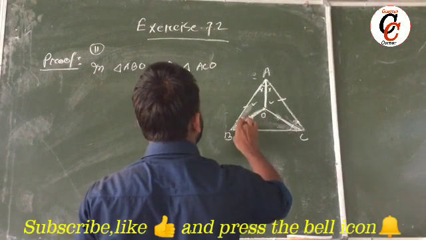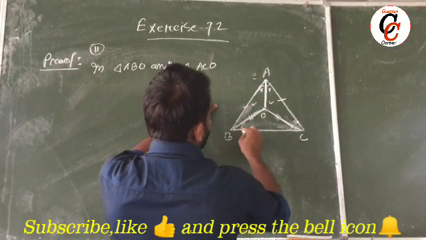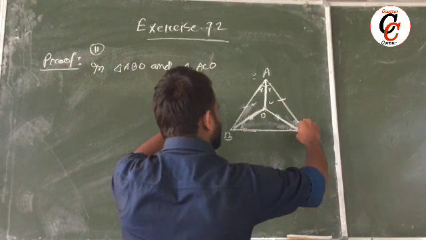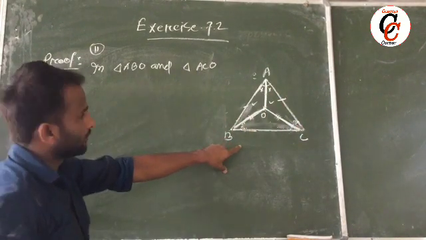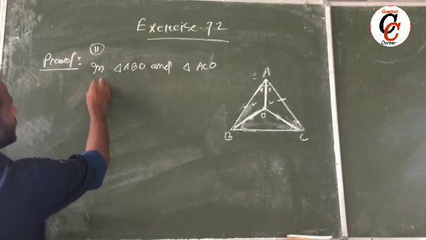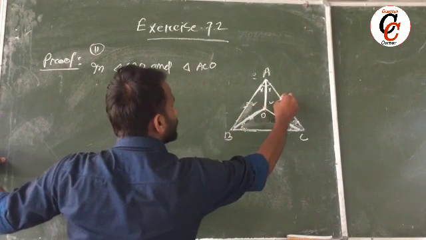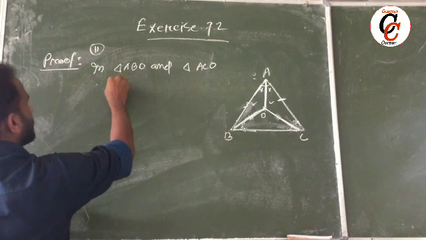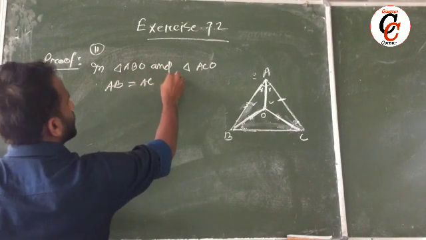See, OB is equal to OC, we have just proved this one. First of all, I'll write this one. AB is equal to AC, it is given.